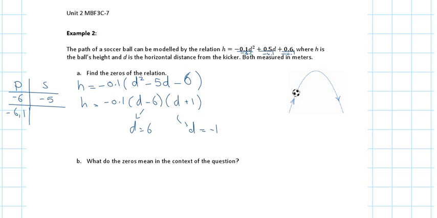Okay, eyes on me, please. So I'm standing right here and I'm kicking the ball. Find the zeros of the relation. What do the zeros of the relation represent in this case?